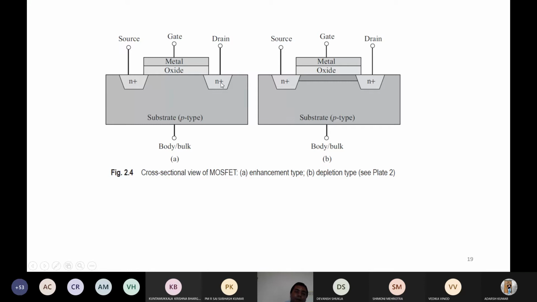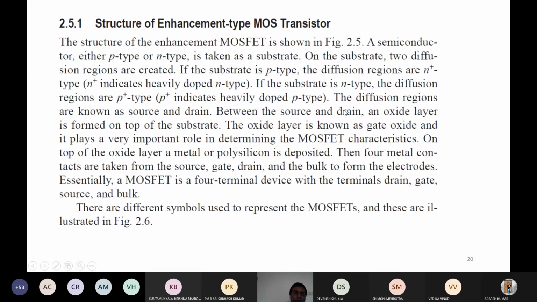N plus diffusion for source and drain is done in both cases, but the channel is also created by an ion implantation process on the p-type substrate. So this is called depletion type MOSFET that we will see.